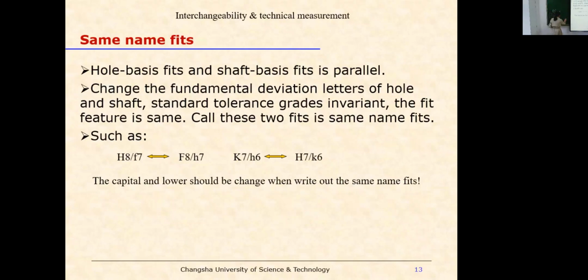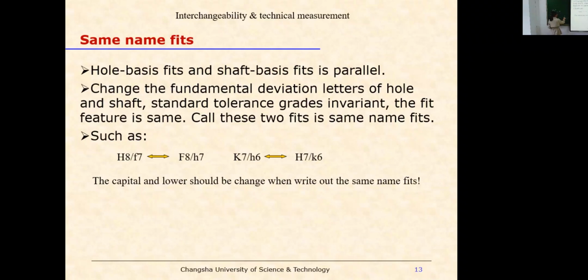For the hole, F is here, and this is the shaft IT7. This is 0, so this one and this one are the same.